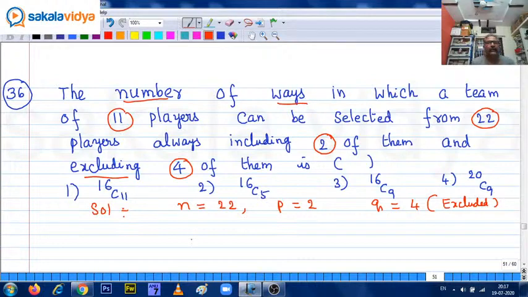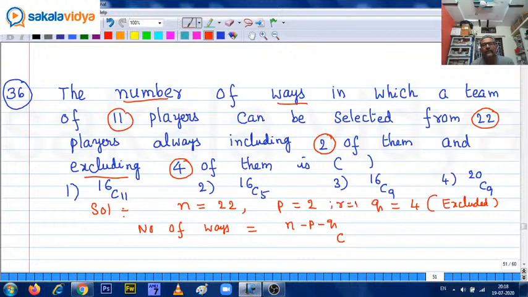Now we need to make the selection. Already included we need to subtract, excluded also we need to subtract. Number of ways is n minus p minus q. Already 2 members are selected. Now how many do you still need to select? 9. Here write the R value.